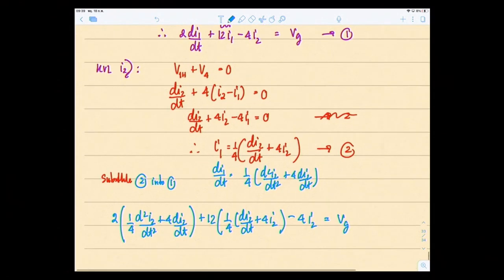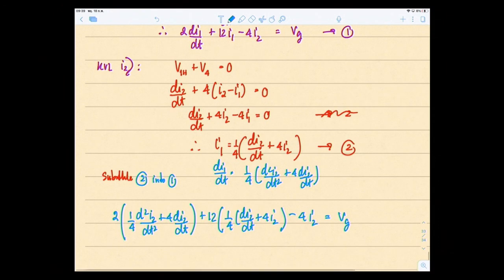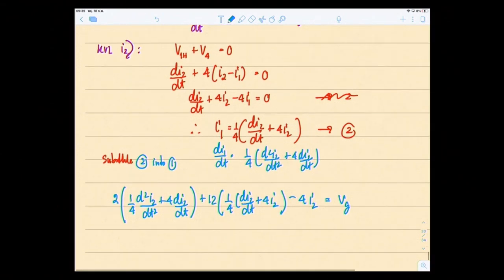So I get this equation. Now I'm going to do the math, and let's see what it becomes at the end.